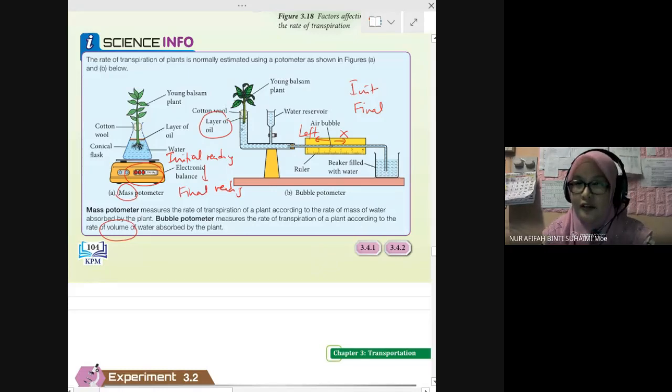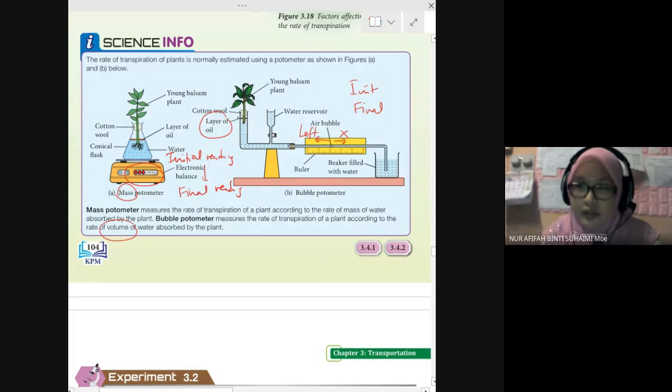The function of the layer of oil is to prevent evaporation of water. We don't want other factors to disturb our experiment. We want to measure the loss of water absorbed by the plant only, not by the evaporation factor. So here we must put a layer of oil to prevent evaporation of water.